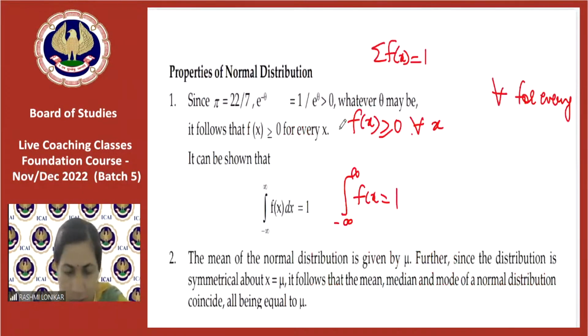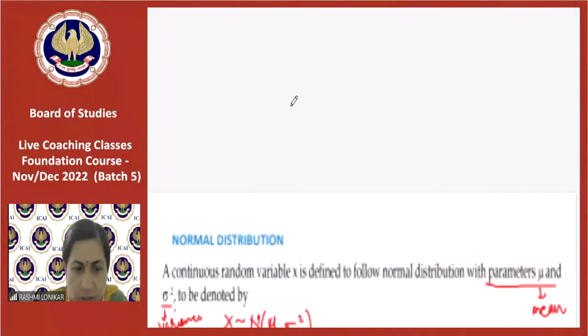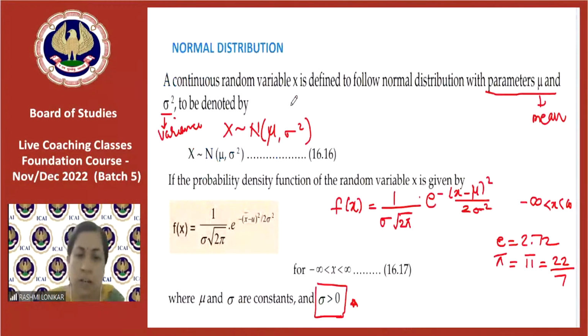Since Himanshu is asking, let us summarize till here. So what is a normal distribution? The continuous random variable x is defined to follow a normal distribution with parameters mu and sigma square, and it is denoted by N(mu, sigma square). And what is the probability function?